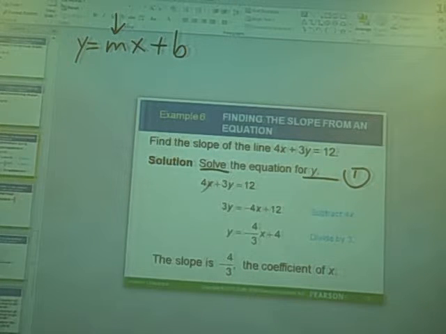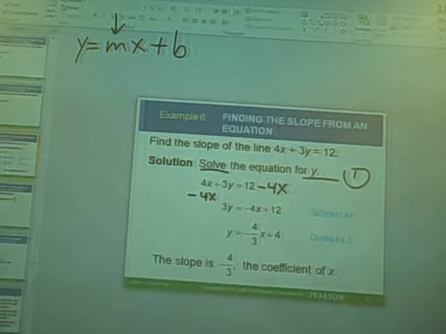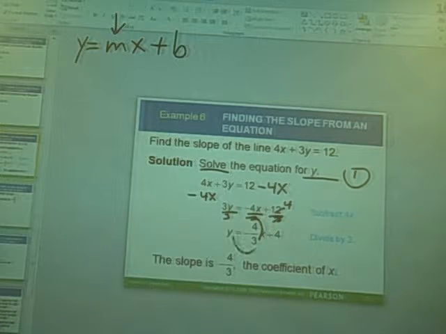Okay, so we applied minus 4x to both sides. And then we got 3y equals negative 4x plus 12, and then divide by 3. And get y equals negative 4 over 3 x plus 4, since 3 goes into 12, and that's 4 times. And so now our slope is the coefficient of x. Negative 4 over 3.